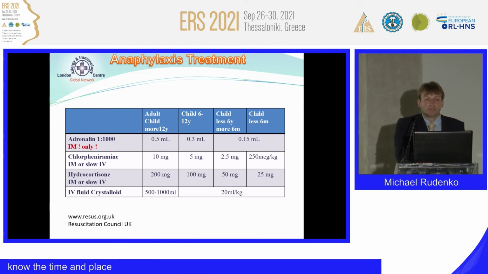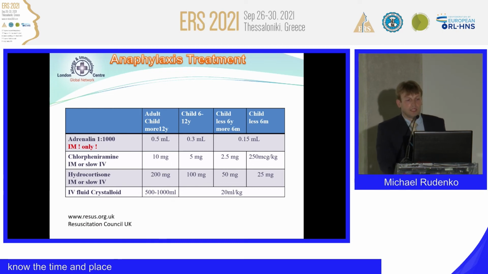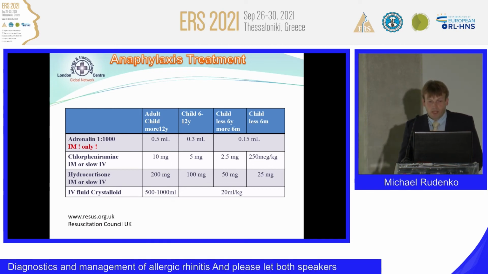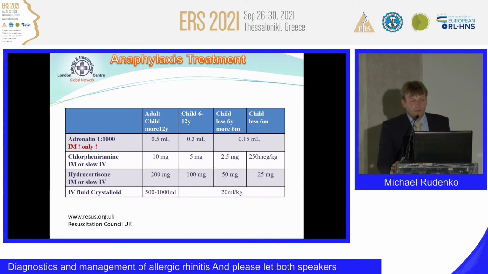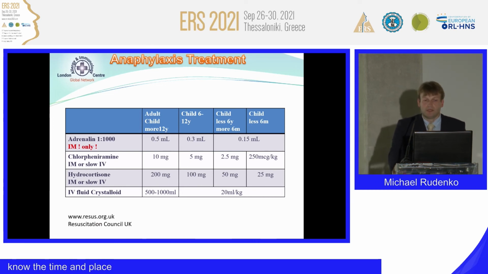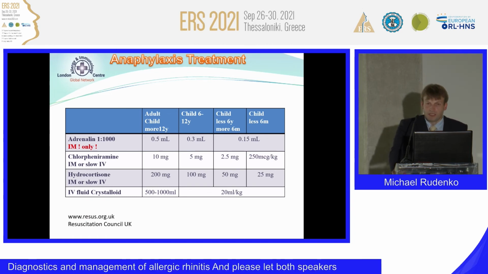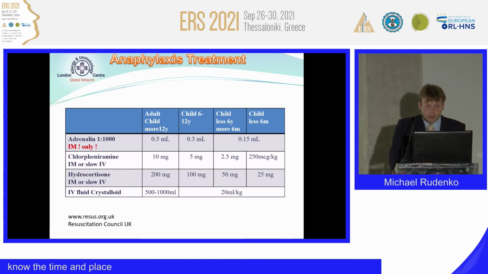So what is done to treat anaphylaxis if it can occur? It's treated with intramuscular adrenaline, 1 in 1,000. Then you have old generation antihistamine. Unfortunately, we don't have any injectable antihistamines of new generation, so it's chlorphenamine that is available as an injection.